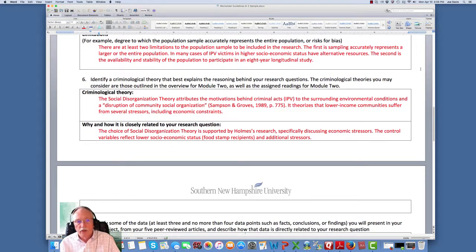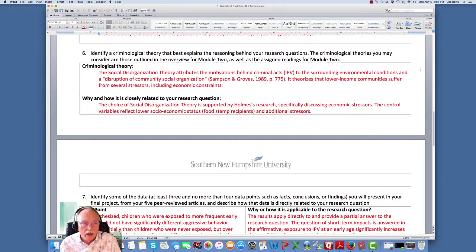What's the criminological theory? It's the social disorganization theory, because that attributes the motivations behind criminal acts, in this case the IPV attacker, the suspect, to the surrounding environment conditions and a disruption of community and social organization. It theorizes that lower income communities suffer from several stressors, including economic constraints. Why and how is it closely related to your research question?